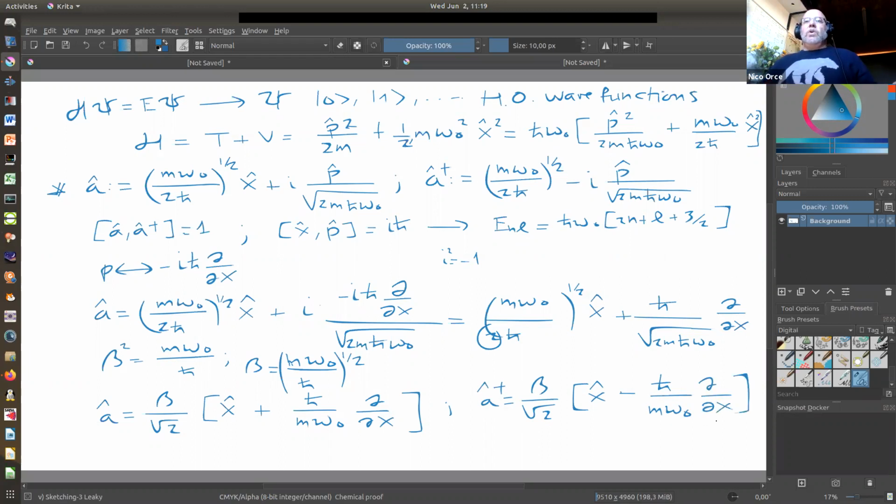So we have reduced the complication of the original A and A dagger a little bit, but still not to satisfactory conditions.